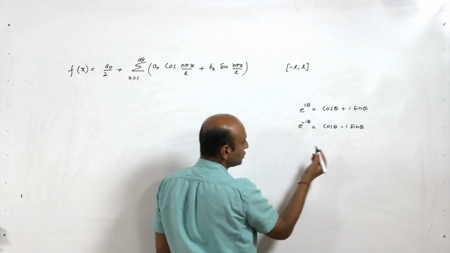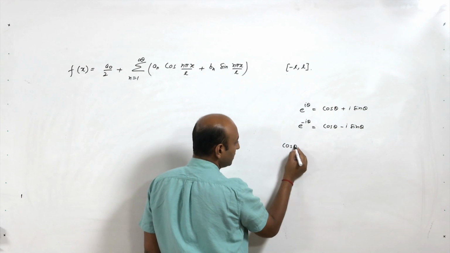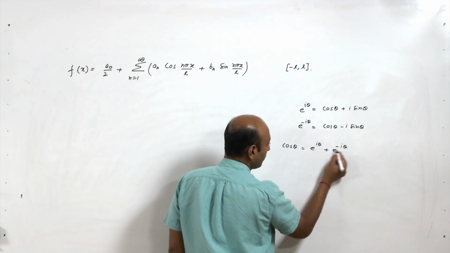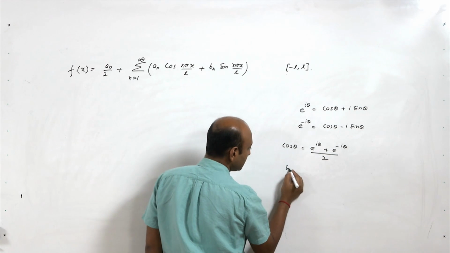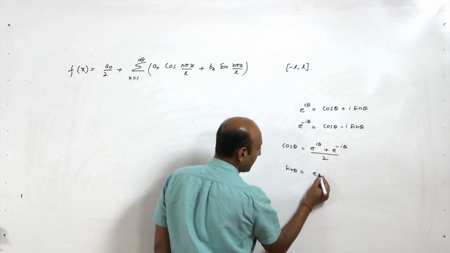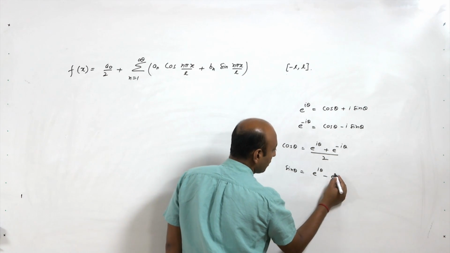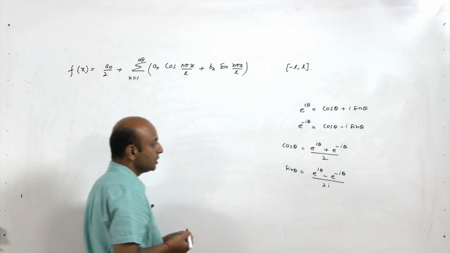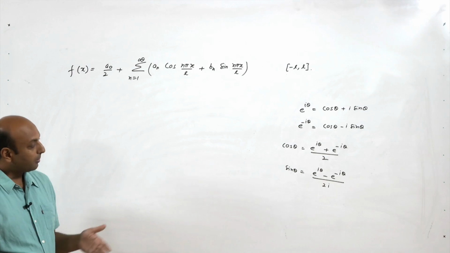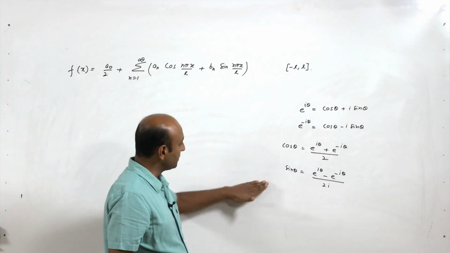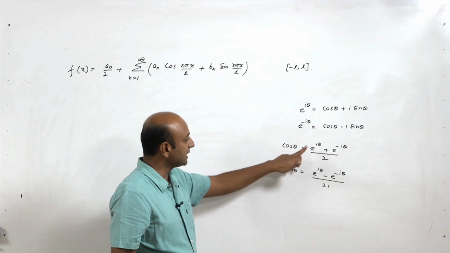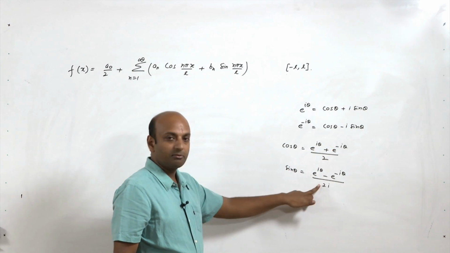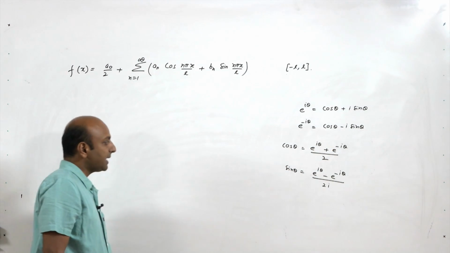So, when we add these two, we already know that cos theta is e to the power iota theta plus e to the power minus iota theta upon 2, and sin theta is e to the power iota theta minus e to the power minus iota theta upon 2 iota. These things we already know from complex numbers. So, let us apply these things over here.